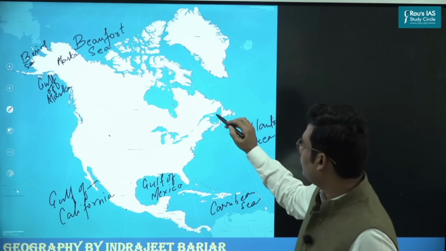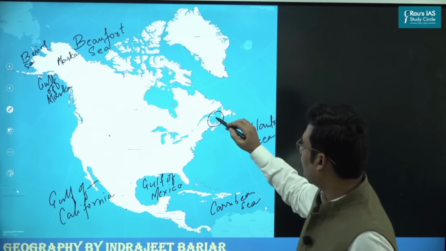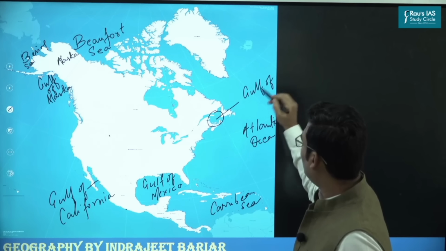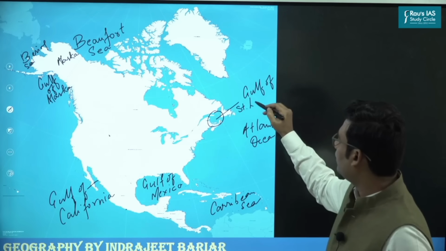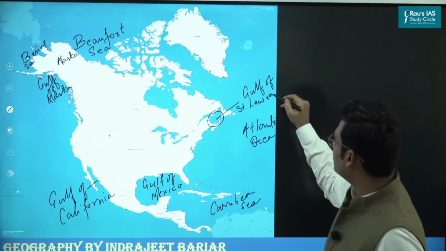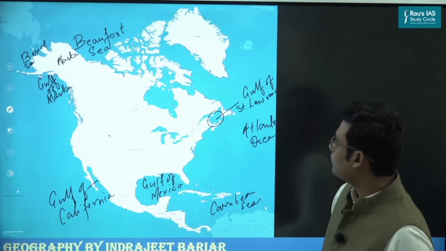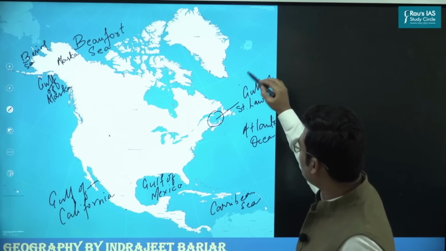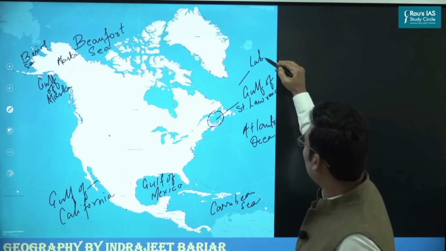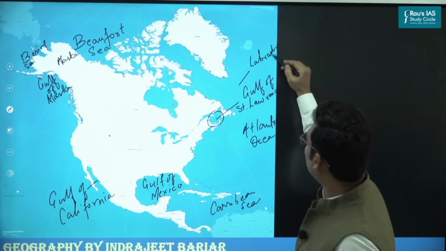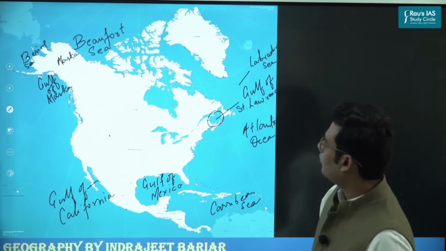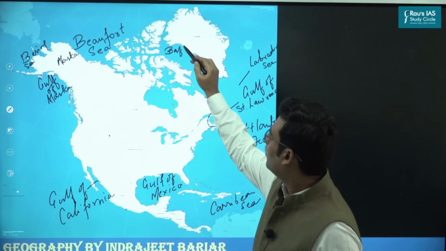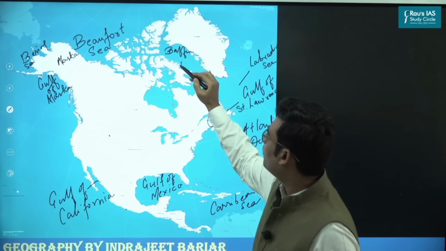Then we have this very important water body, which is called the Gulf of St. Lawrence. After this, this is the part where you have the Labrador Sea. Then we have Baffin Bay.